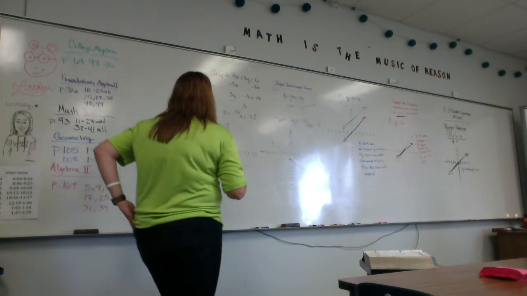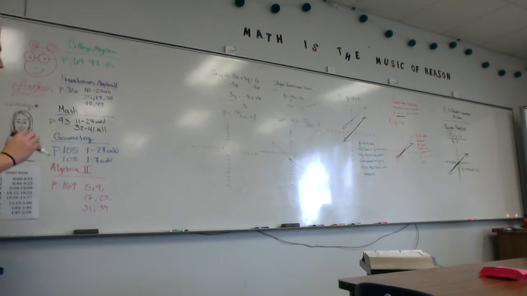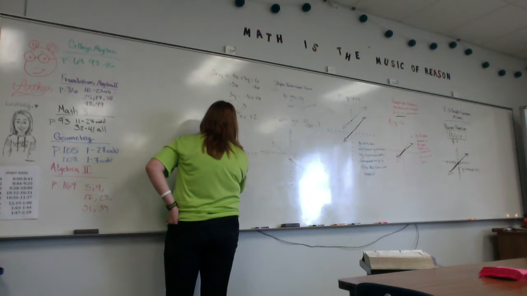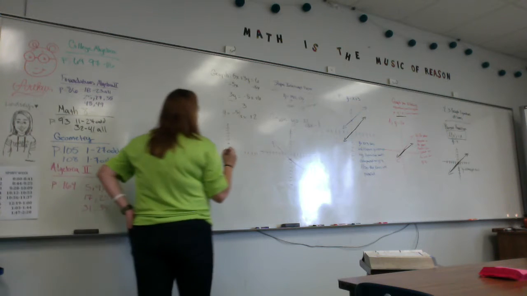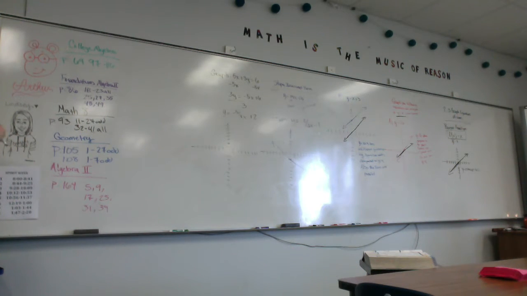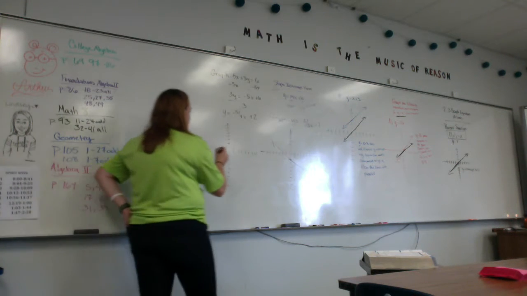So where do I start my graph at? At positive 2. That's my y-intercept. Good. What is my rise over run? Down 5 over 3.